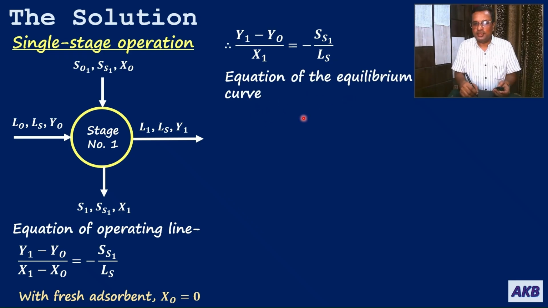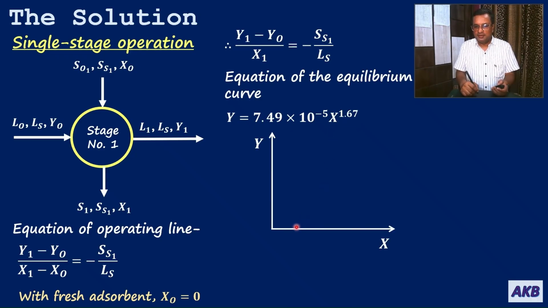Now, the equation of the equilibrium curve is the one we have got: capital Y is equal to 7.49 into 10 to the power minus 5 into x raised to 1.67. The operating line for a single stage operation looks like this. This point is x0, y0, and this point is x1, y1.